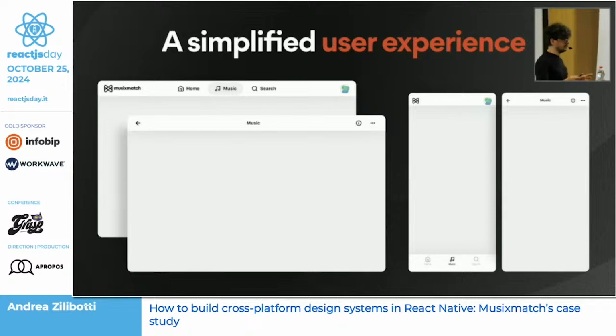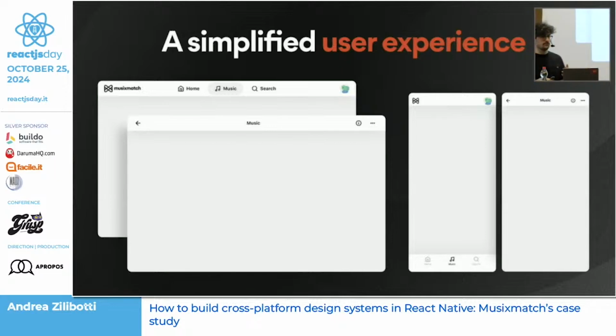So essentially, we took some native patterns and we mixed it with other from web to create this simplified user experience. Also because if you think about it, probably not us in this room, but if you ask my mom, for example, she doesn't recognize what is a native screen from a web screen.